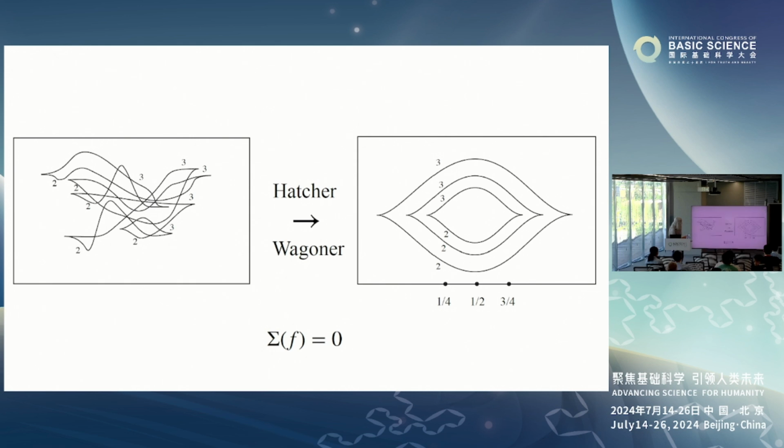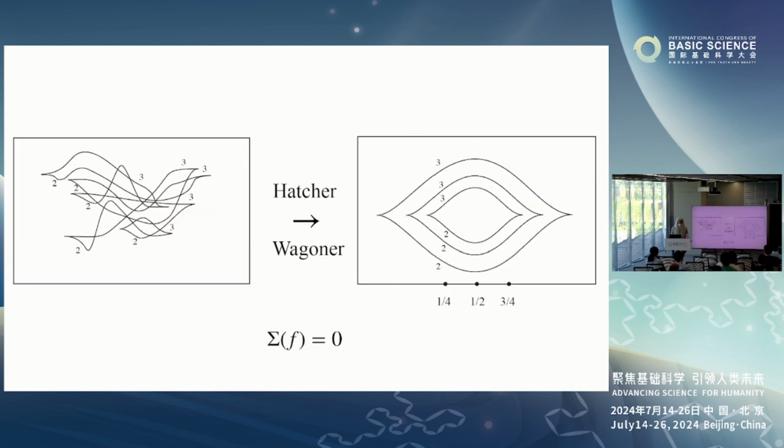So this picture summarizes 214 pages of Hatcher-Wagoner. You just start with this random graphic, but on the assumption that the first obstruction is equal to 0, then in fact you get this nested graph.